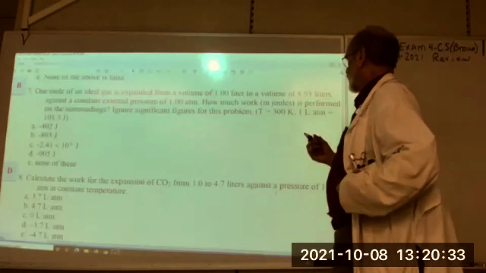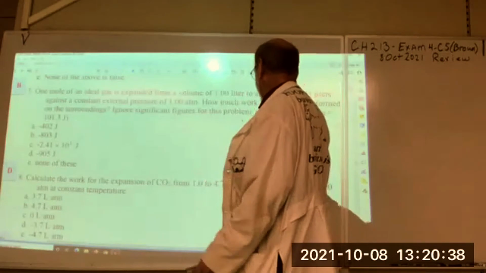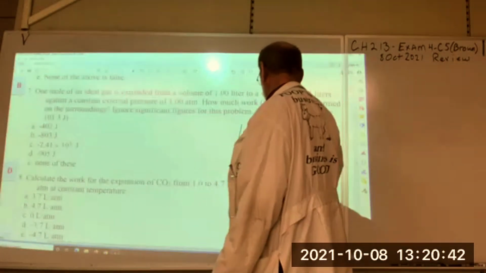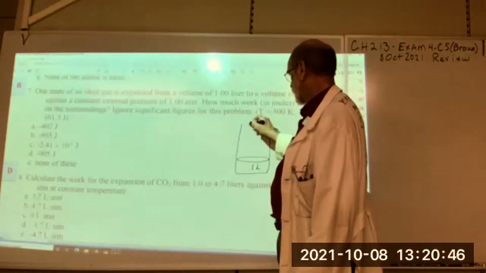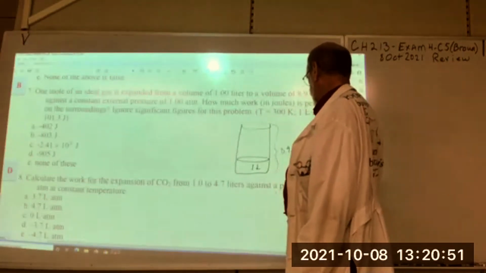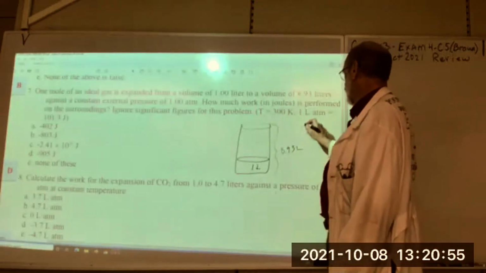All right, let's draw our picture. Expanded from 1 liter to 8.93 liters. So our gas starts here at 1 liter and it expands to 8.93 liters. Okay? And 1 atmosphere pressure.